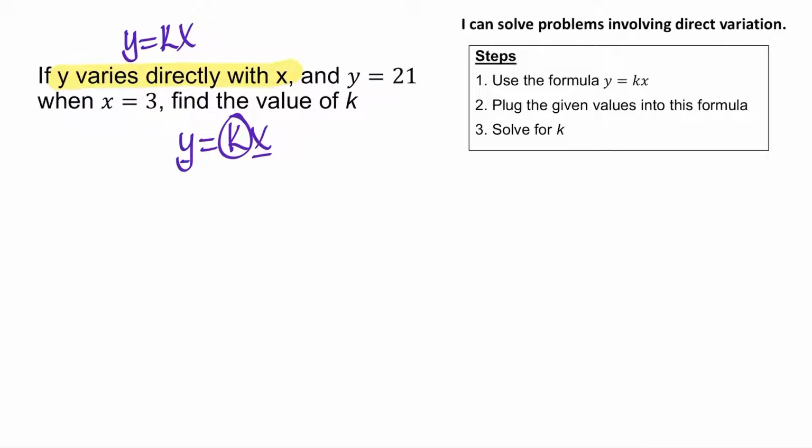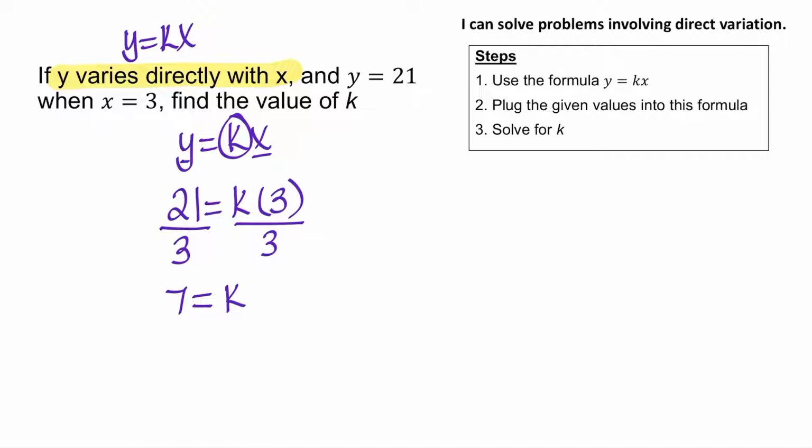I'm going to plug in 21 for y, and that equals k times x, and x is 3. Now to solve for k, I need to do the opposite and divide both sides by 3. 21 divided by 3 is 7, and that equals k, because 3 divided by 3 cancels. So 7 is my constant of variation, and my equation will be y equals 7x.